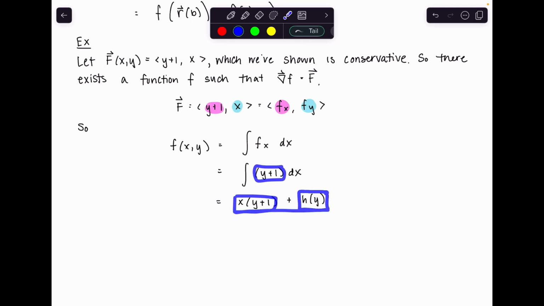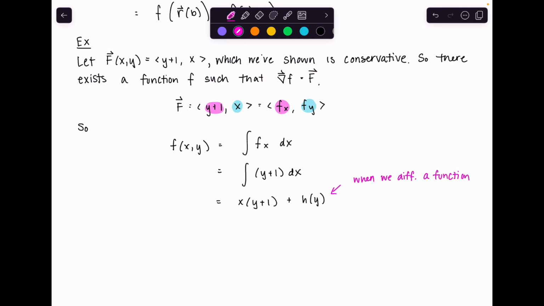The derivative of this with respect to x will be 0. So it gives me an accurate statement. So here, when we differentiate a function of y with respect to x, this would be 0.